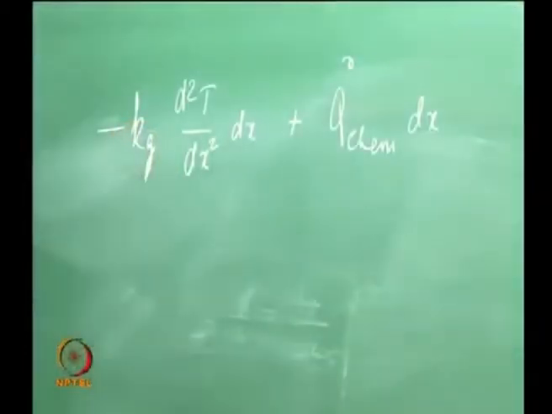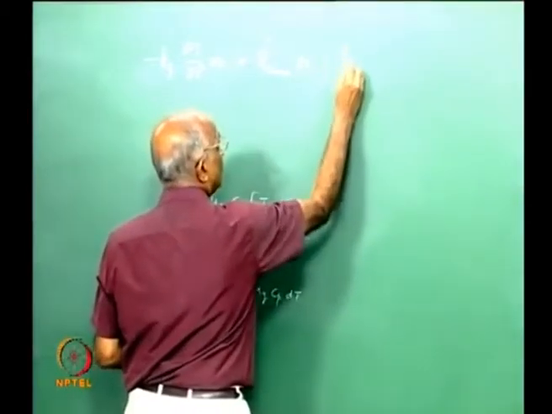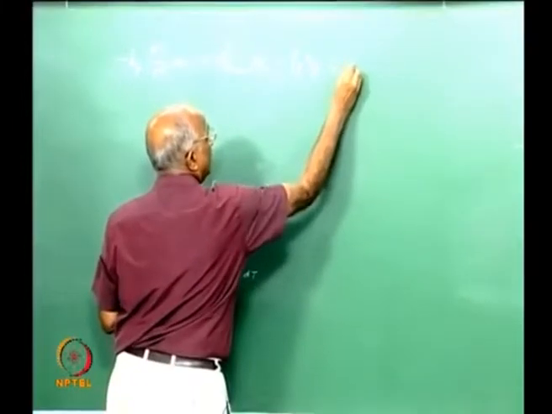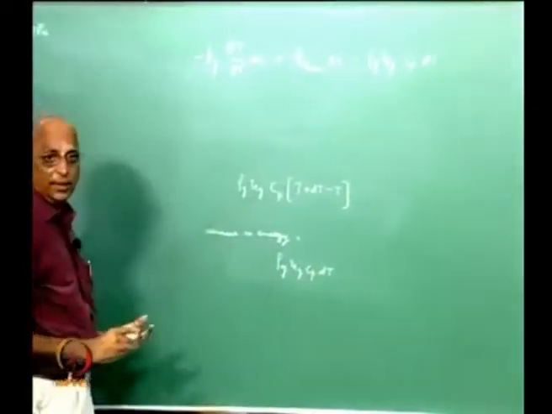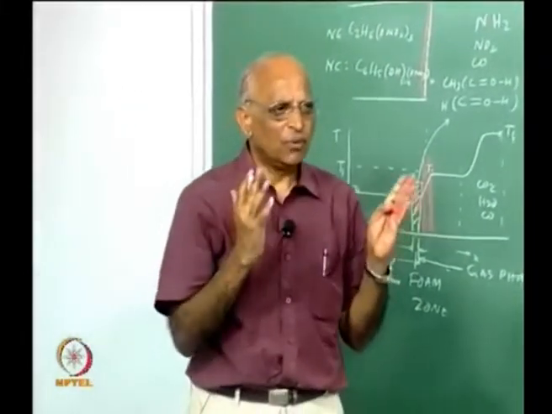And where is this heat going? It supplies this enthalpy for this, which is equal to rho g ug into Cp into dt, right. This becomes my energy balance, and we must be able to write this energy balance for any problem.